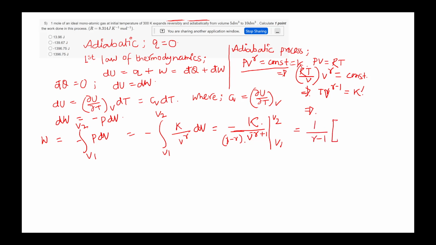What is this K? This K will be similar to this PV^gamma, so this will be P1 V1^gamma, sorry, P2 V2^gamma by P1 V1^gamma, like this. So let's do this in a good way.